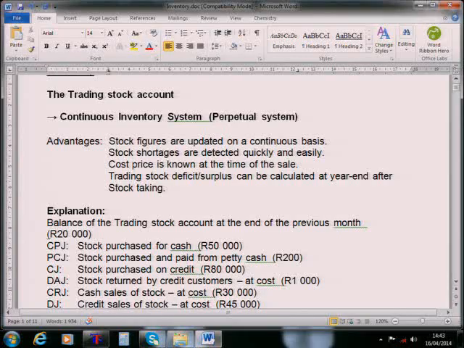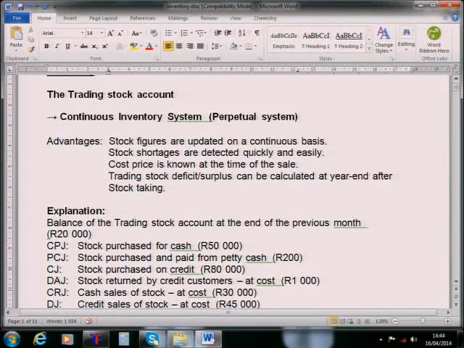The perpetual system is the one that you know from the day that you start with accounting, or that you start with EMS in grade 7 maybe, or in grade 8. So the perpetual system is the one that we know. Then you will remember in grade 9 you start with the trading stock. First it was the service enterprise, and then you start with your trading enterprise.